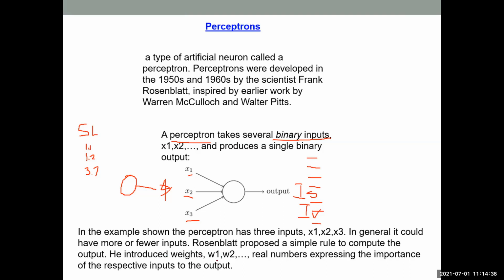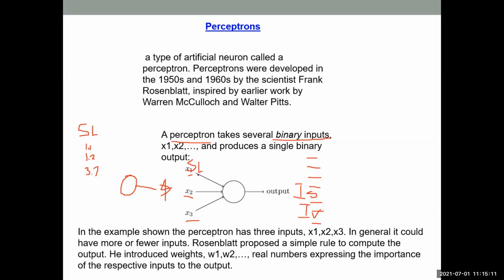So he introduced weights, W1, W2, these are numbers expressing the importance of the particular input. So like, this is sepal length. Well, no, they're supposed to have binary inputs, but anyway, let's suppose this was sepal length, sepal width, and petal length, and so on. How important is sepal length in predicting the output, whether it's going to be iris setosa, iris versicolor, or iris virginica?